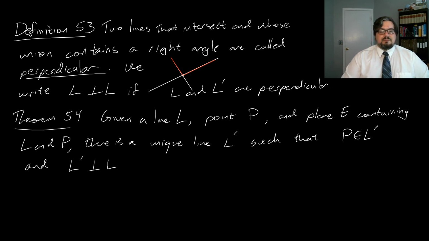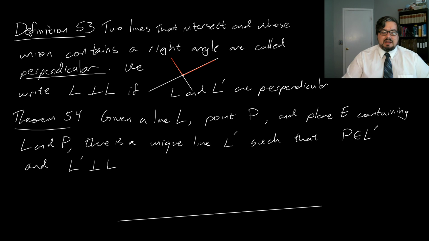So we've got this theorem here that says that if I take any line and I take a point, and the point might be on the line, it might not be on the line, but if I take a line and a point and some plane containing all of those, then there has to be some line that goes through this point that is perpendicular to L. This winds up being quite important to us.